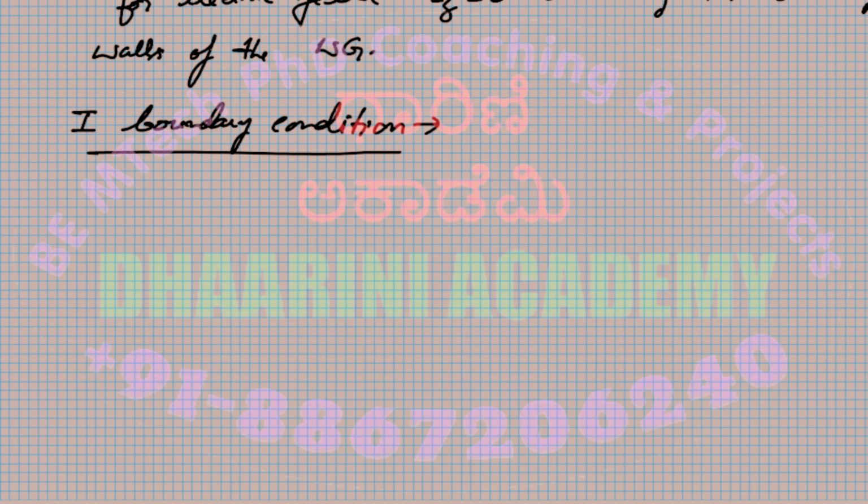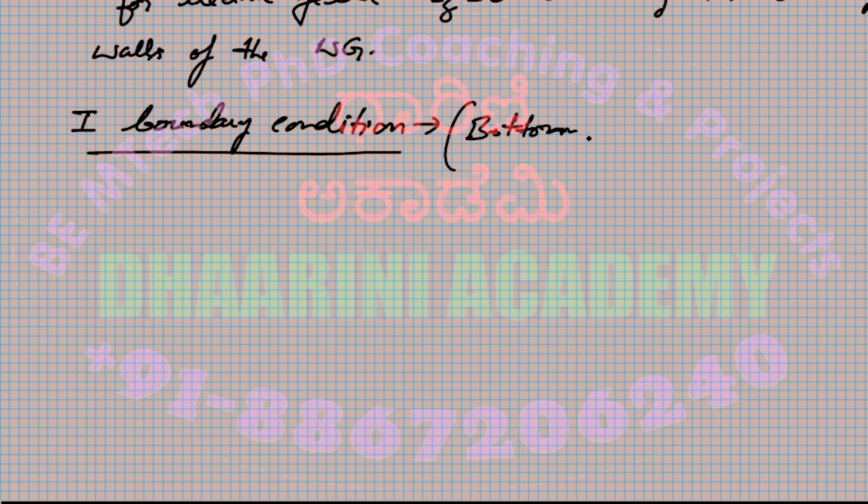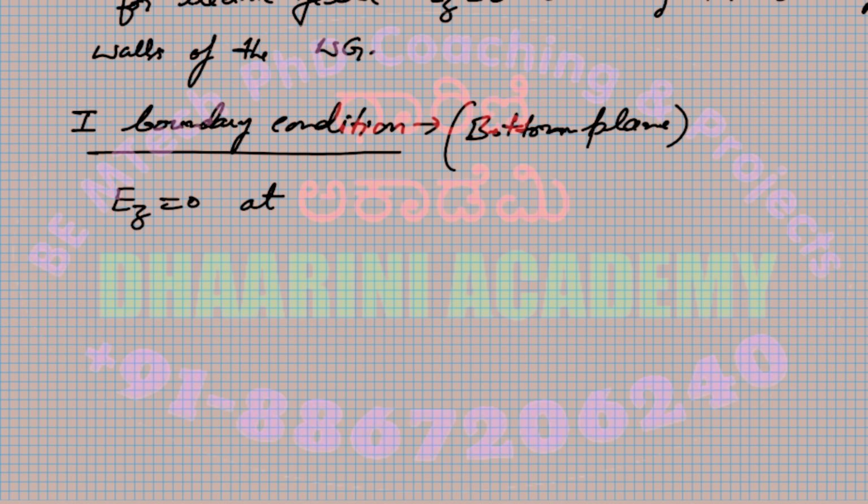Let's try to write that. The first boundary condition is applicable to the bottom plane. I am going to apply Ez equal to 0 along the complete bottom plane. How do we identify that this is the bottom plane? That is y becomes equal to 0.